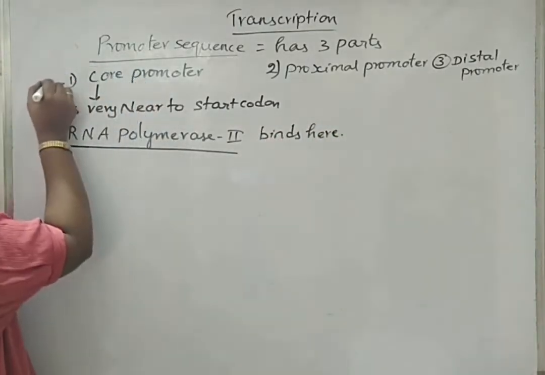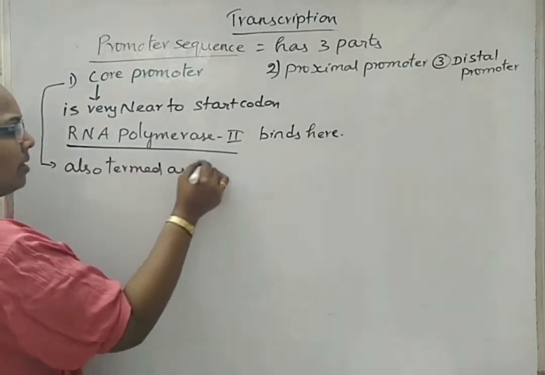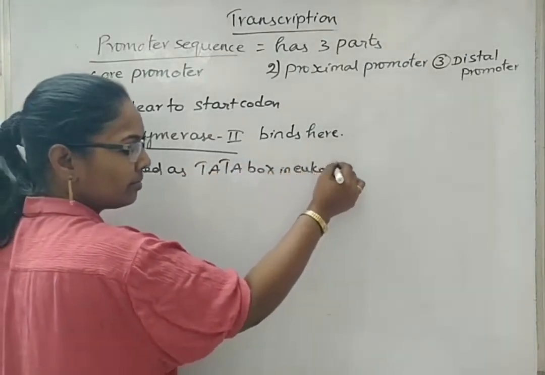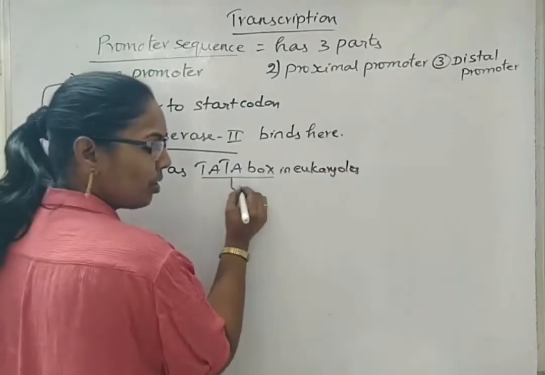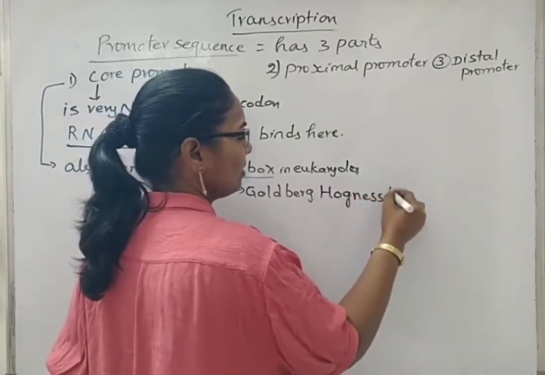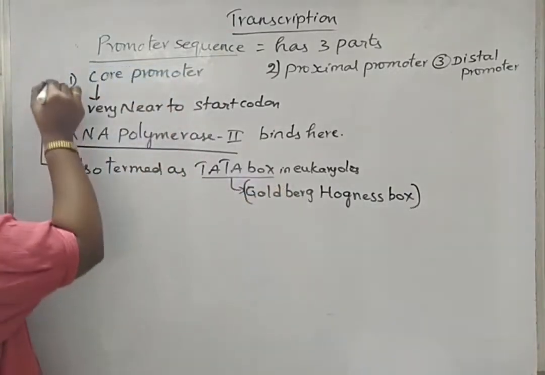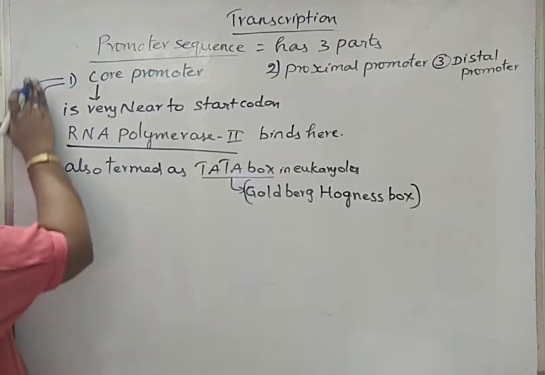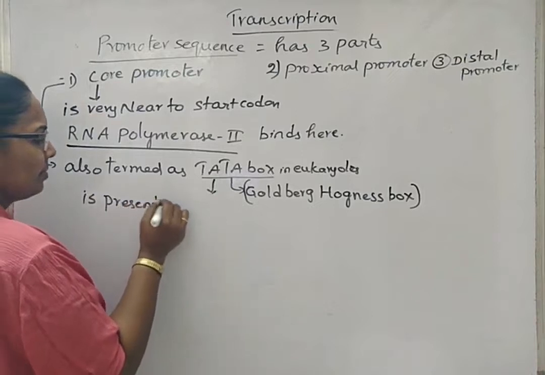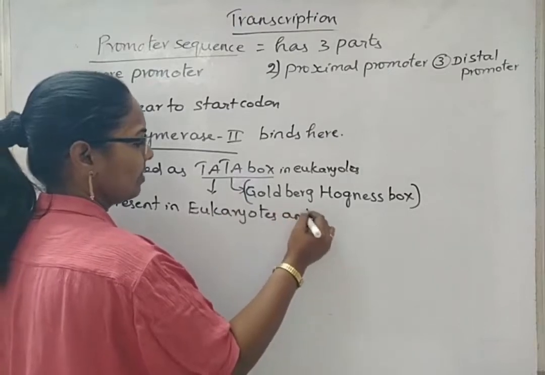Next, this core promoter is also termed the TATA box in eukaryotes. This is also called the Goldberg-Hogness box. This TATA box is present in eukaryotes and archaebacteria.